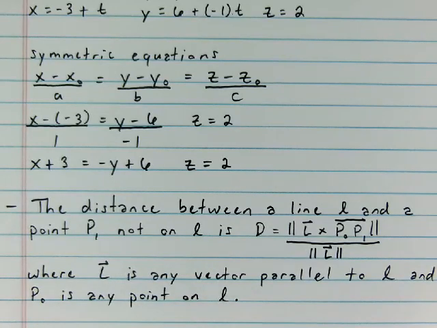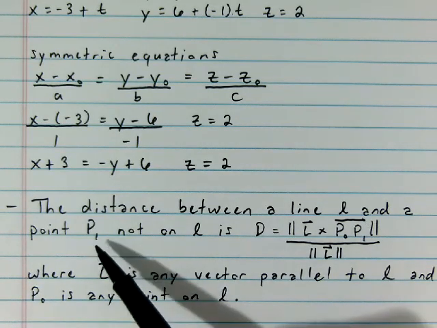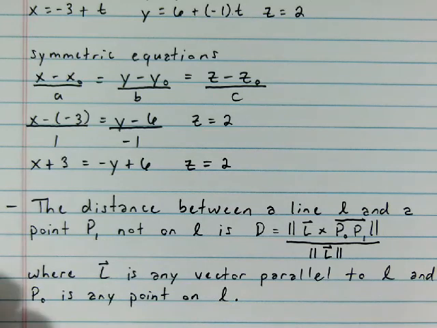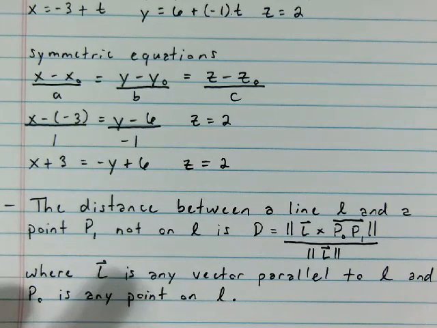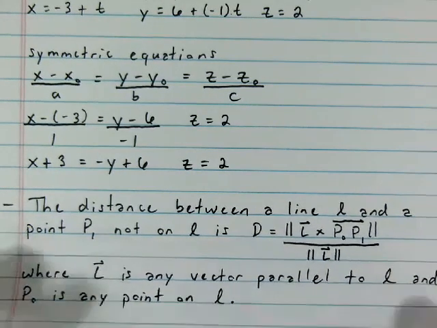All right, so let's look at an example of how to find the distance between a line script L and some point P1 that is not on the line. So we're going to look at number 20 on page 741 of your textbook.